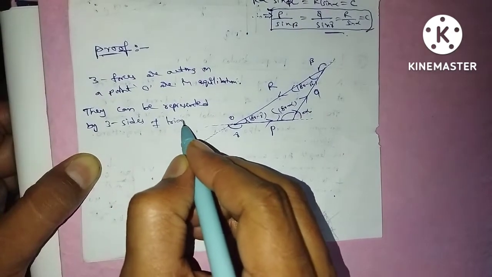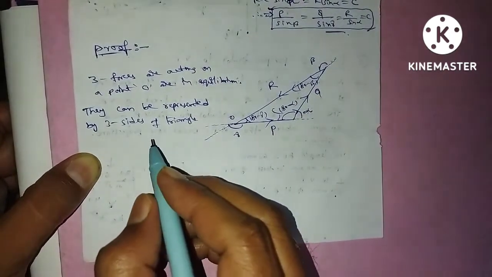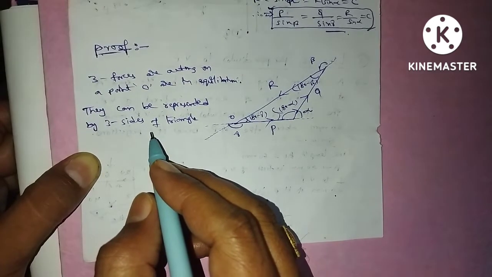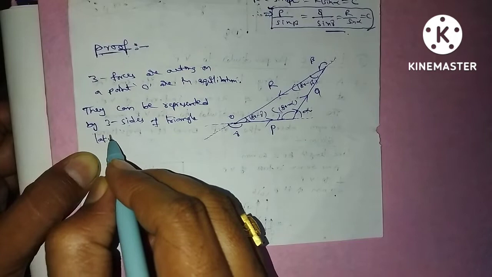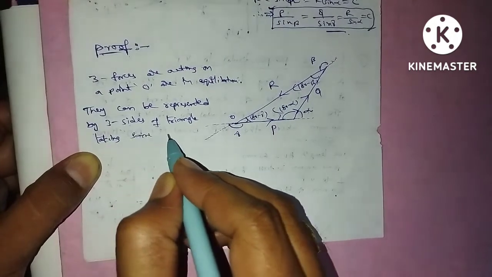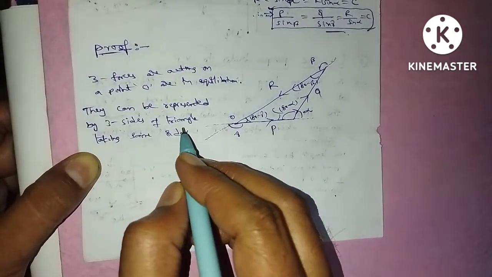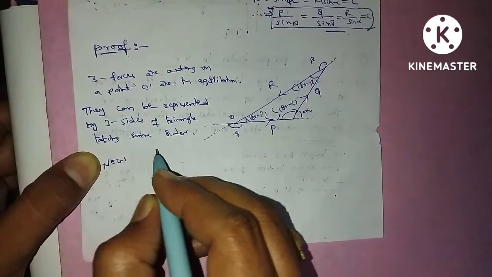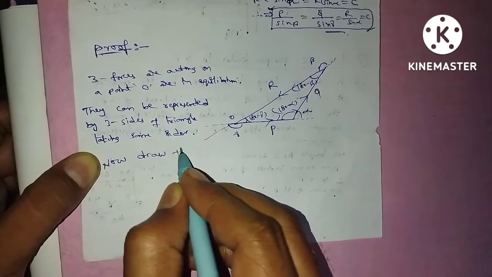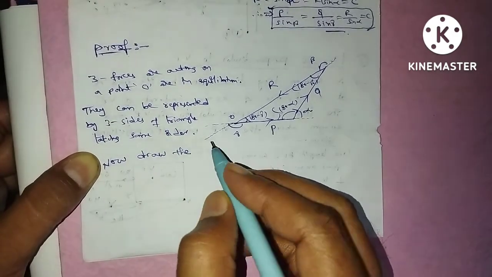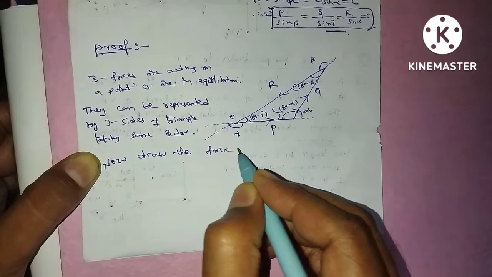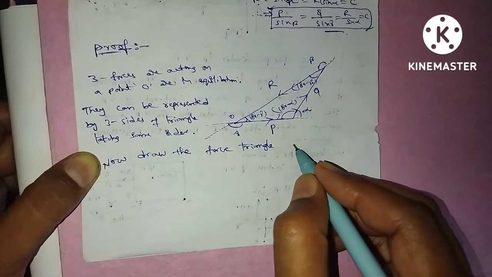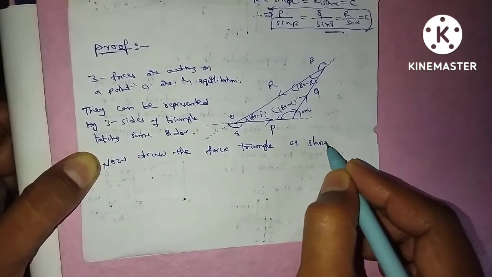That is, three sides of a triangle. These three forces are represented by three sides of a triangle, taking the same order, P, Q, R order. Now draw the force triangle as shown in the figure.